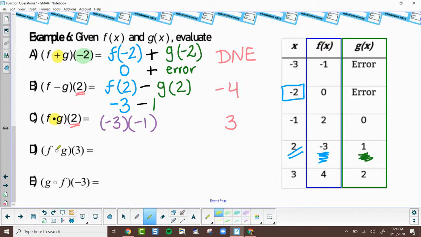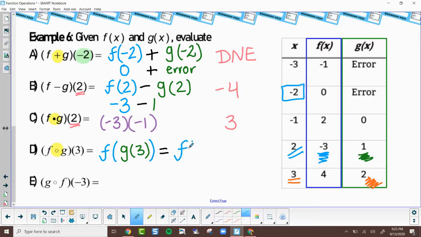All right, f of g of 3. So this one, I'm going to write f of g of 3. So the way that this is going to work with a table is going to be slightly different. So first thing I'm going to do is I'm going to locate g of 3. So here's 3. Here's g. Looks like I have a positive 2.